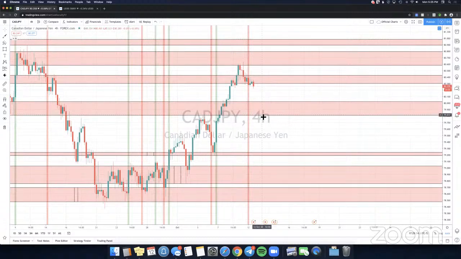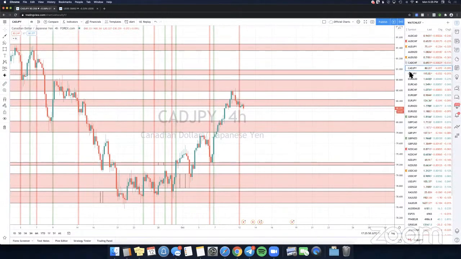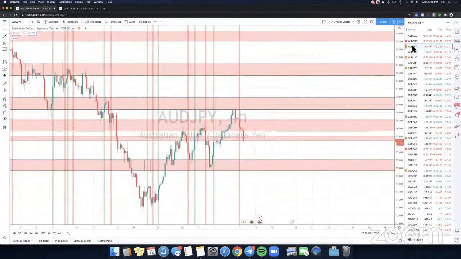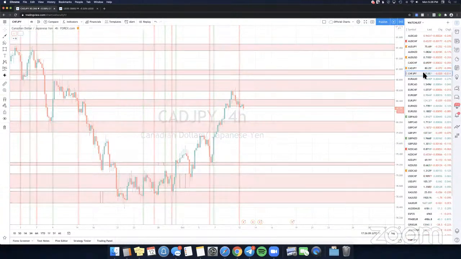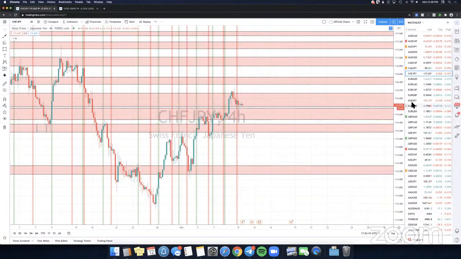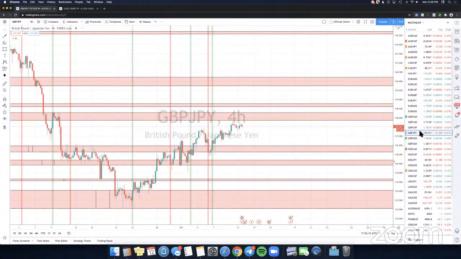So what I'm going to do is compare this with all of the other pairs. Let's see. AUD/JPY, it's coming down pretty heavy. I might even take a trade right there. CAD/JPY is coming down as well. CHF/JPY is sort of coming down. EJ is coming down as well. GJ, it's going sideways, but it's a pretty nice bearish candle right there, so it's probably going to continue down.